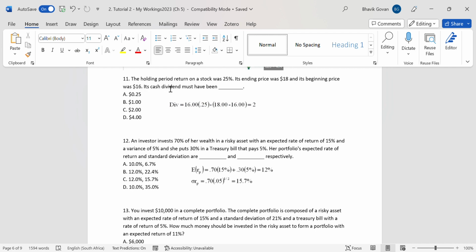So $16 times 25% minus the return that we gained through the capital appreciation. So the ending price minus the beginning price, so 18 minus 16, and that'll basically give us whatever we receive from dividends, which is just $2.